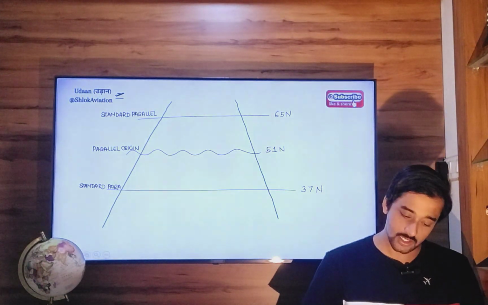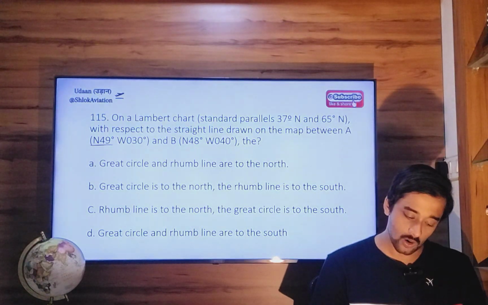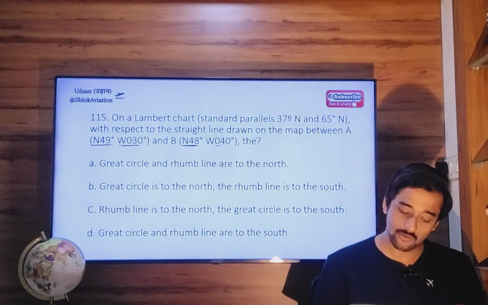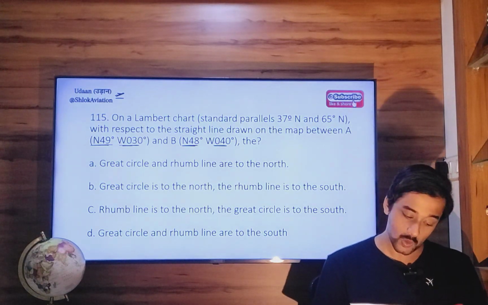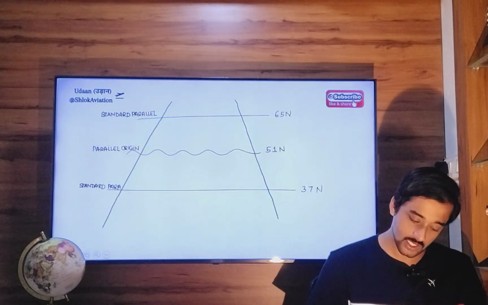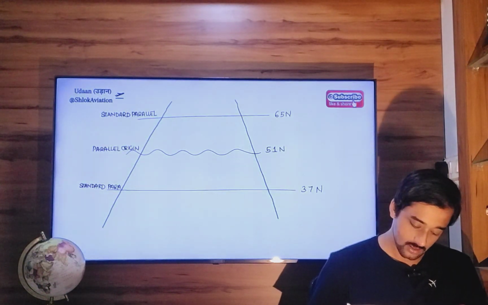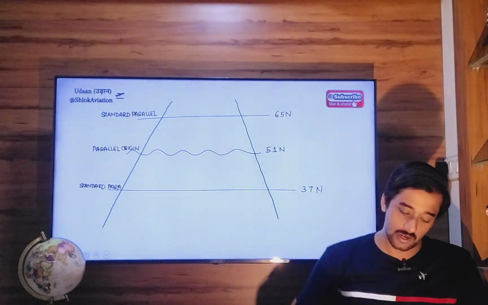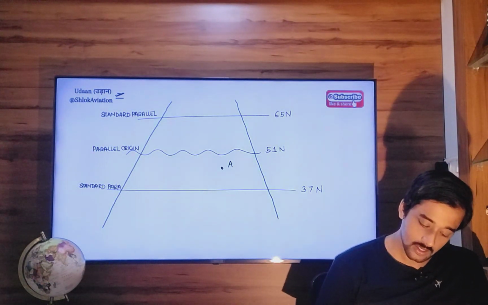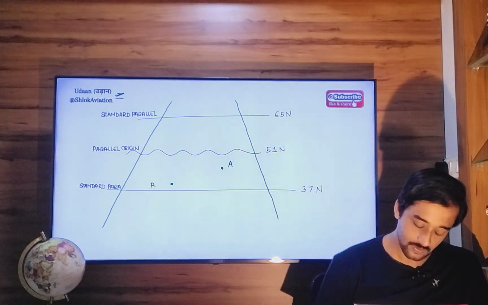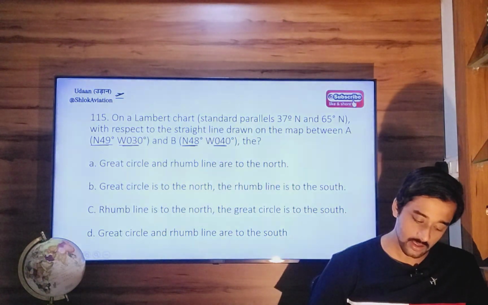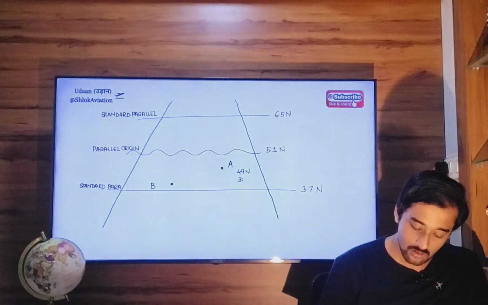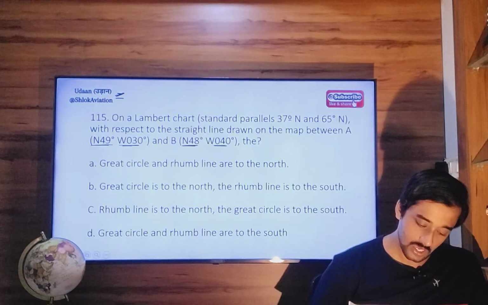Now these two positions are there. 49 degree north, 30 west, 48 degree north, 40 west. So A is here. Both are below the parallel of origin. So A is here, B is here. A is 49, 30. B is 48, 40.